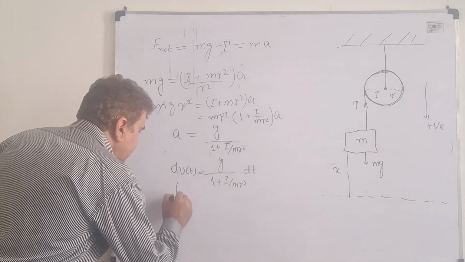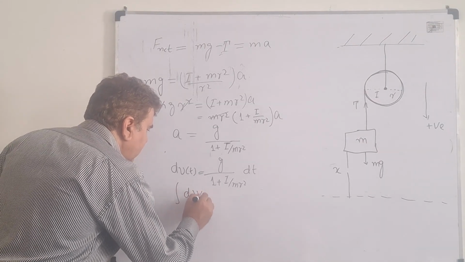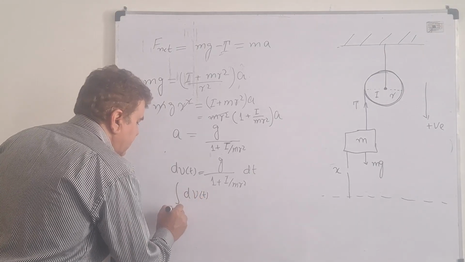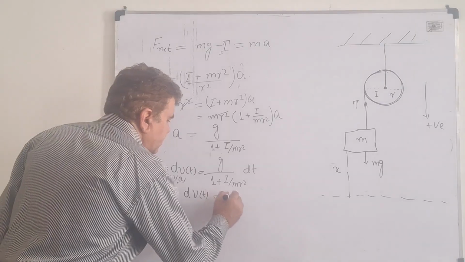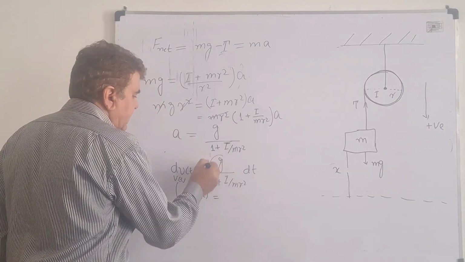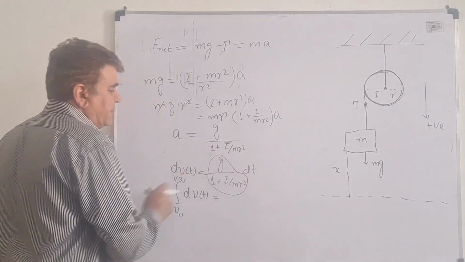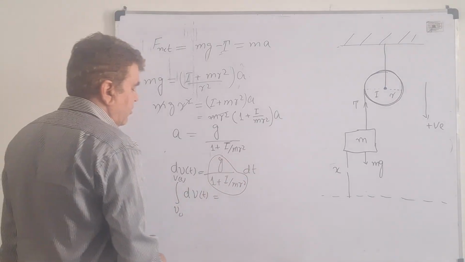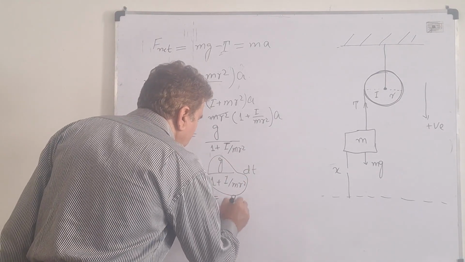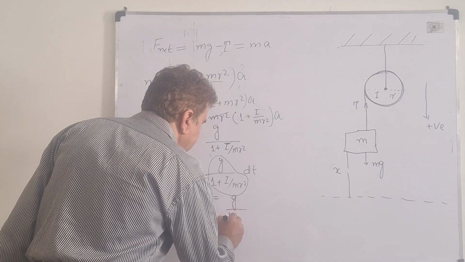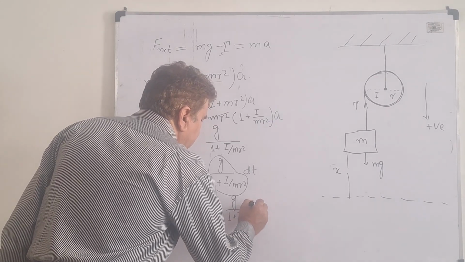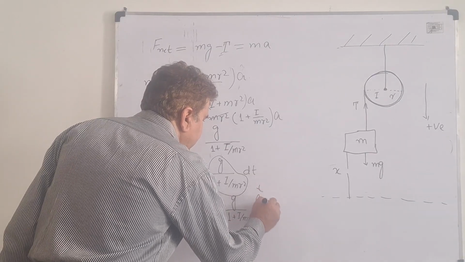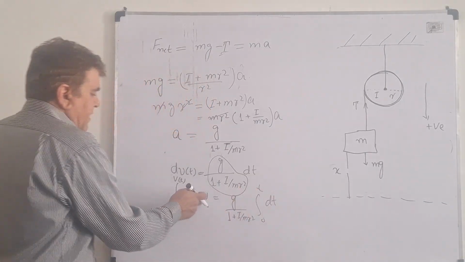So I can integrate this, then integral of dv of t from v naught to v of t equals, since all these things inside this multiplicative factor with dt are constant, I take them out of the integral to write this as g divided by 1 plus I divided by mr squared, integral from 0 to t dt.